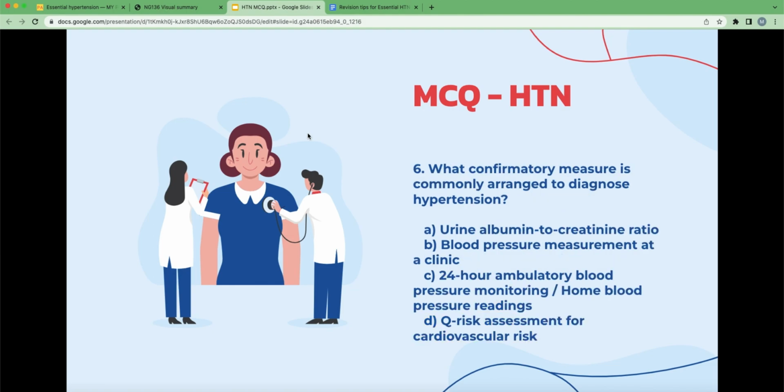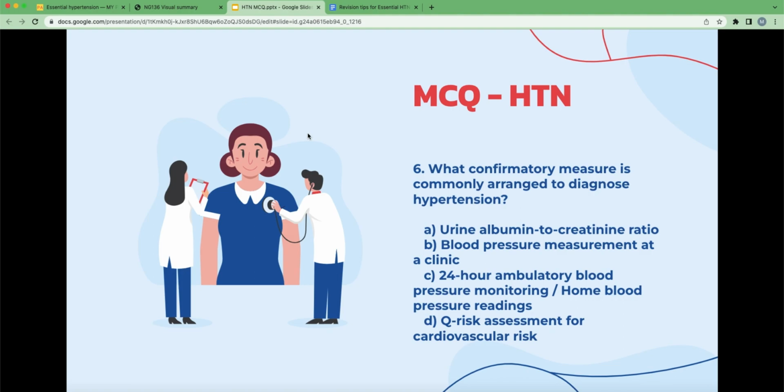So let's move to number 6. What confirmatory measure is commonly arranged to diagnose hypertension? A, urine albumin to creatinine ratio. B, blood pressure measurement at a clinic.